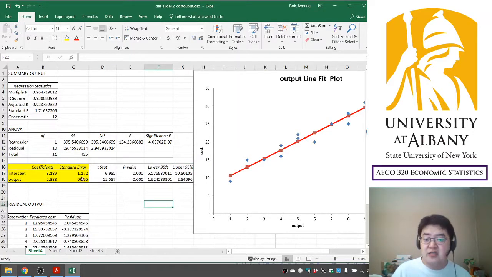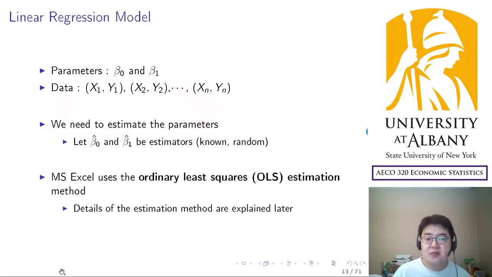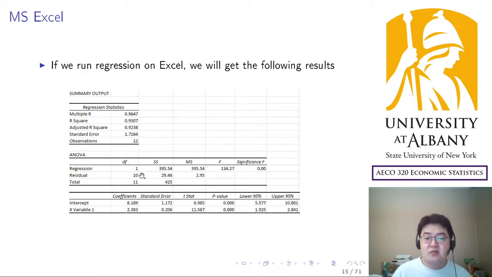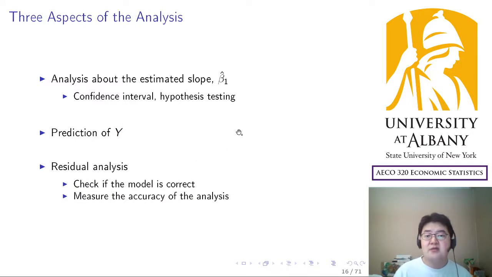And okay, let's focus on these two parts. Your beta 0 hat, beta 1 hat, and their standard errors. Let's go back. So same result I captured. And from this result, we are going to think about three aspects. First, we will approach beta 0 and beta 1 using the estimation and hypothesis testing theory.